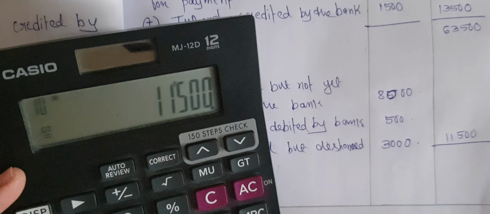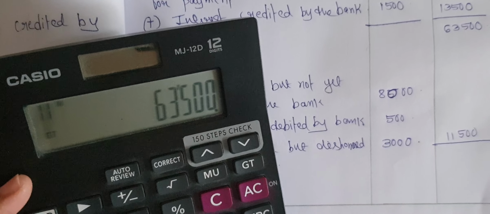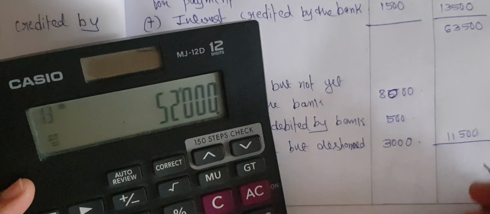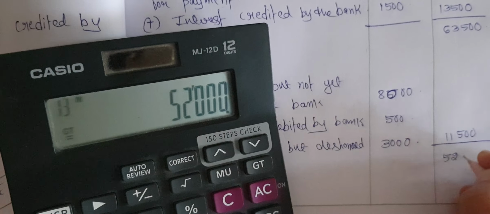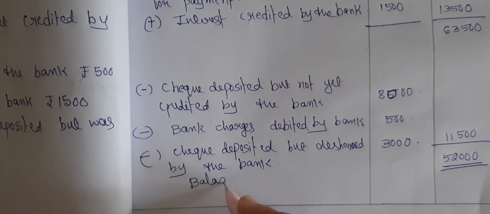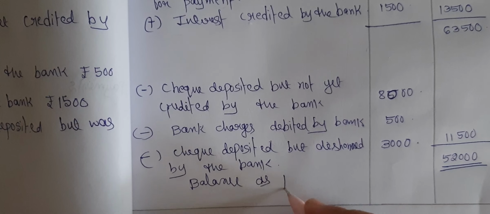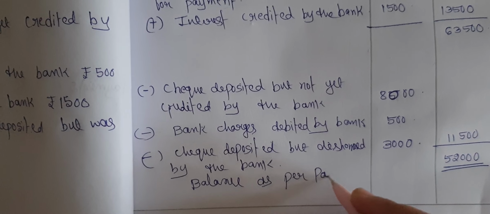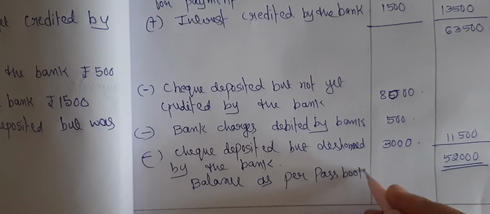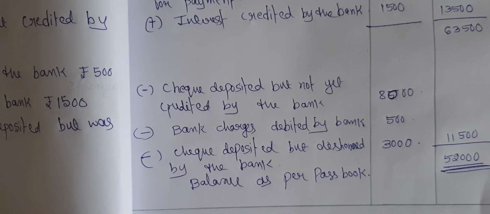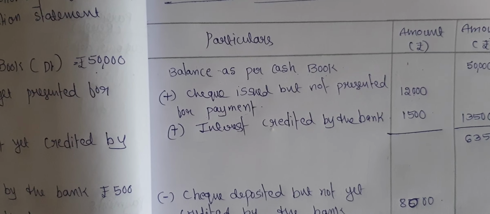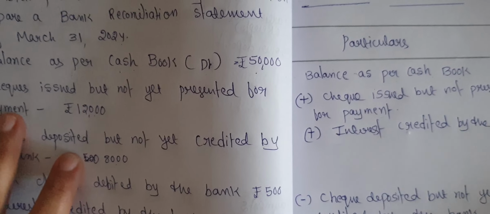So 63,500 minus 11,500 is rupees 52,000. This amount we will call the balance as per passbook, that is rupees 52,000.